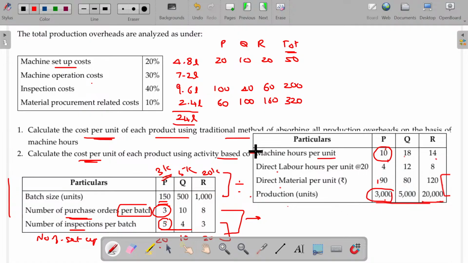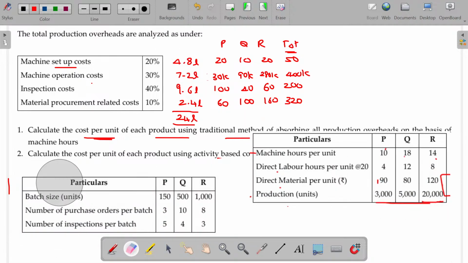Then 10 into 3000, 30,000. 18 into 5000, 90,000. And here 14 into 20,000, 280K, otherwise 400K. Clear?